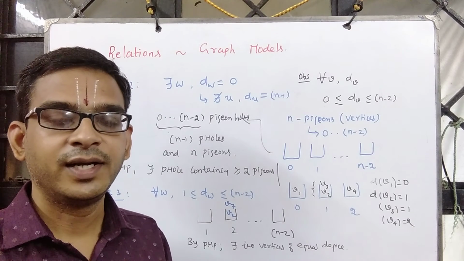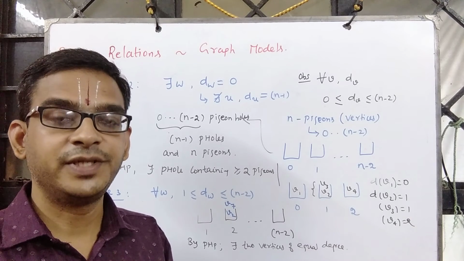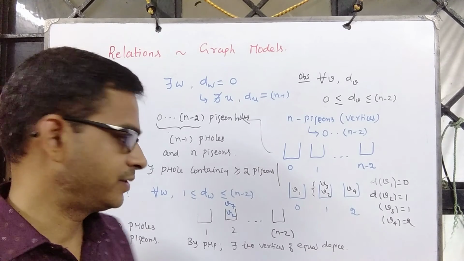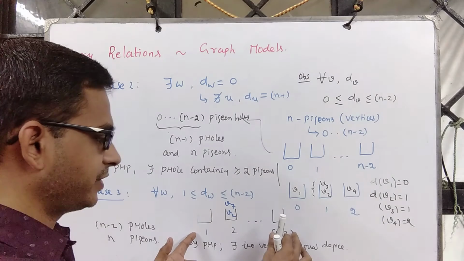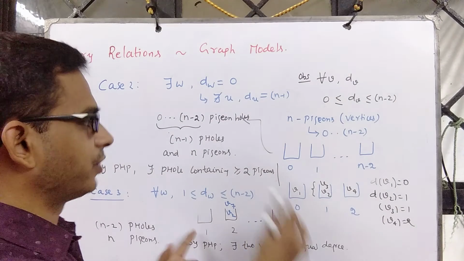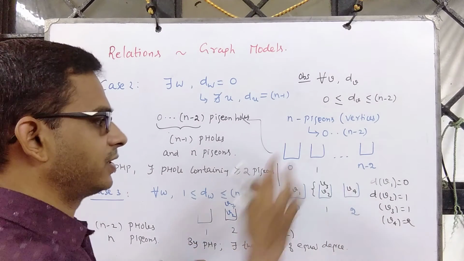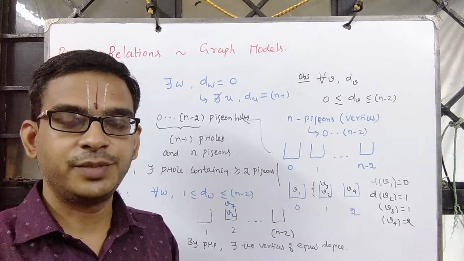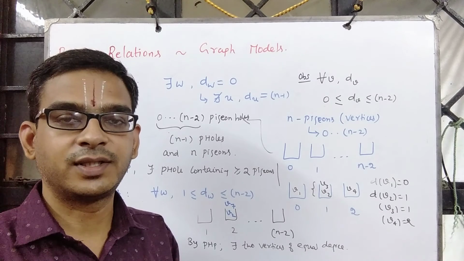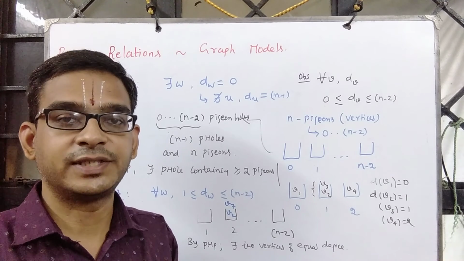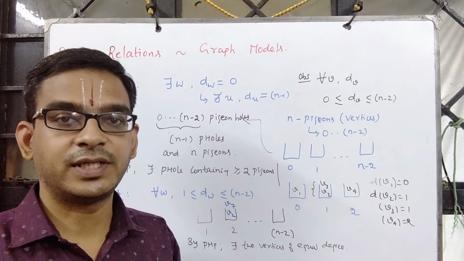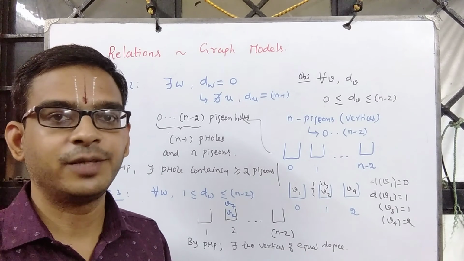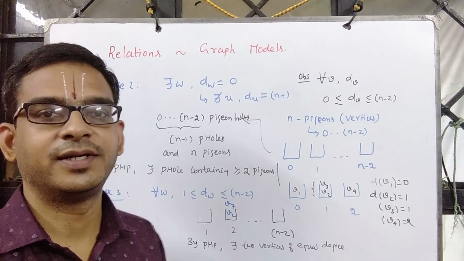Most importantly, that the number of PGNs is at least one more than the number of PGN holes. In this case it is 2 more, and in this case it is 1 more. So you have to come up with PGNs and PGN holes in such a way that the number of PGNs is at least 1 more than the number of PGN holes. Then you can straight away bring in the pigeonhole principle and complete the argument.